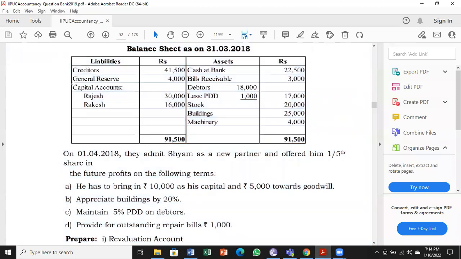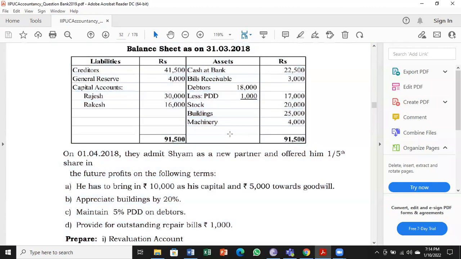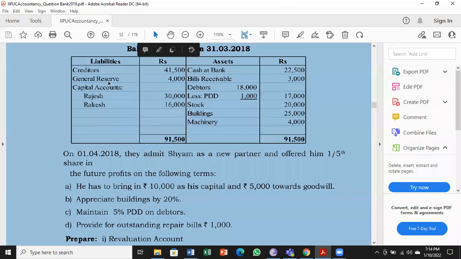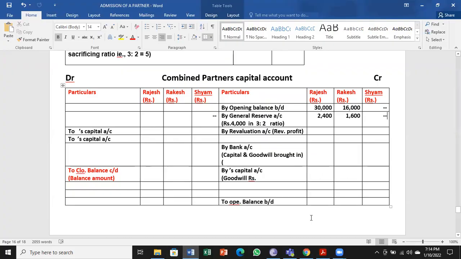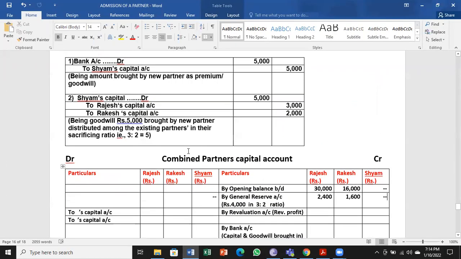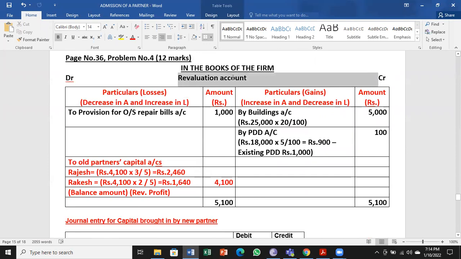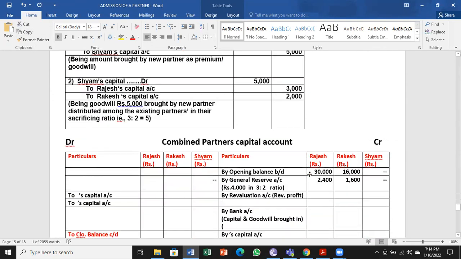We don't have any P&L account here in the balance sheet, so no entry for P&L account. The first step is capital. The second step is reserve. The third step is P&L, which we don't have. The fourth step is revaluation profit or loss. Here in the revaluation account, we have a revaluation profit divided among the partners. So this has to be taken here on the opposite side.